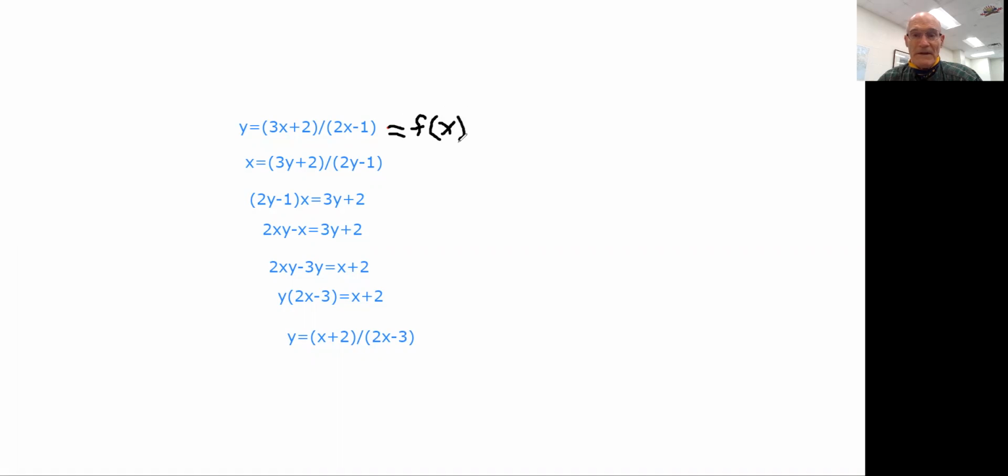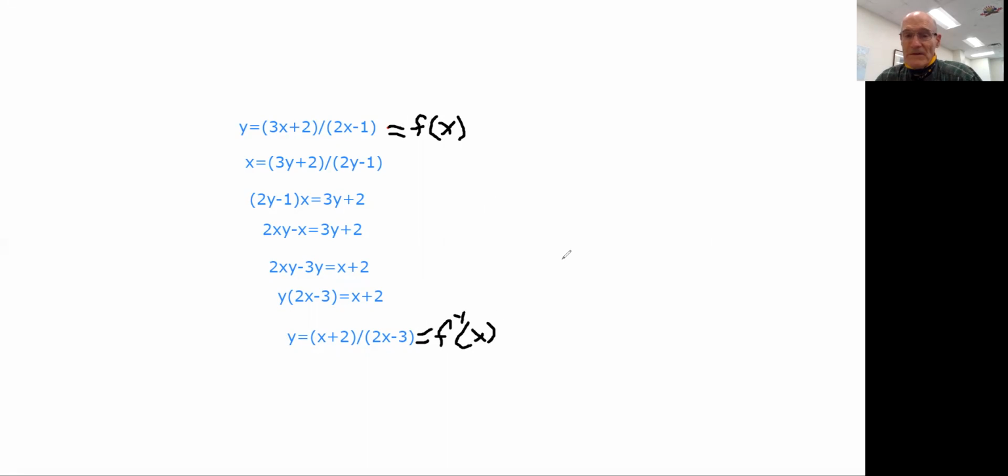Now, down here, this is the inverse function, and the inverse function is labeled f inverse of x, written f minus 1 of x. Now, that is not 1 over f of x. Normally, when you have an exponent like this, it's a power, but in this case, it's just a notation for the inverse function. So this is the function, this is the inverse.